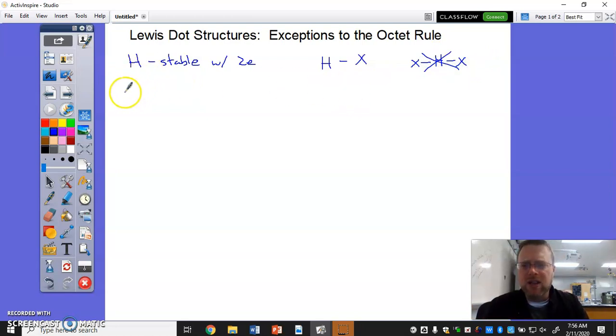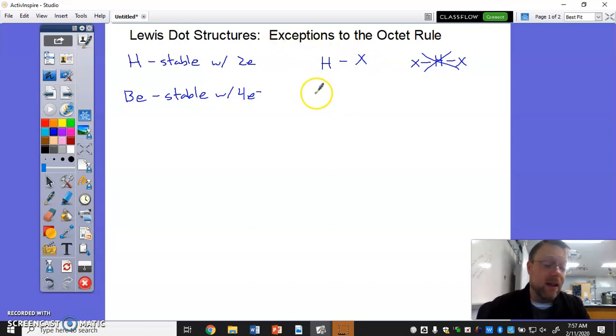Another interesting exception is beryllium. Beryllium is an element that can be stable with 4 valence electrons surrounding it, and it's the only element that is like that.